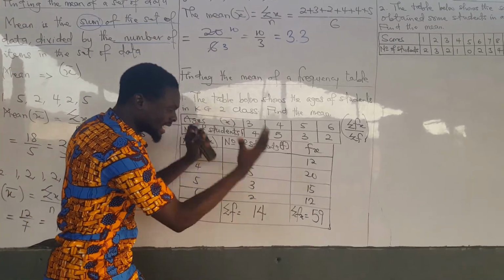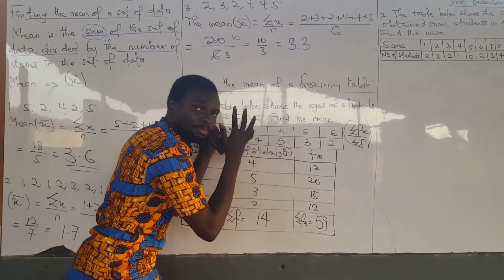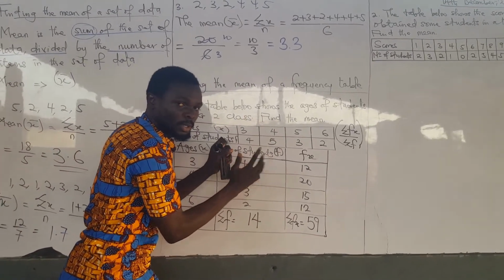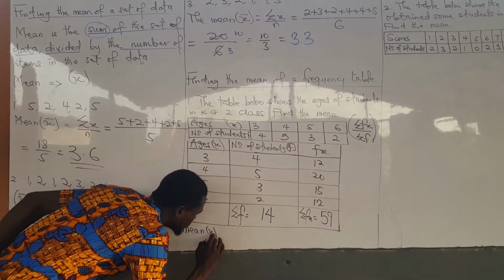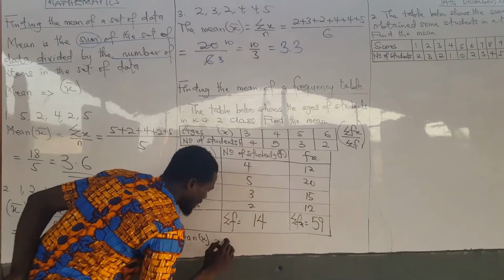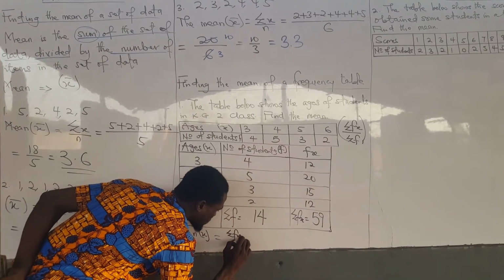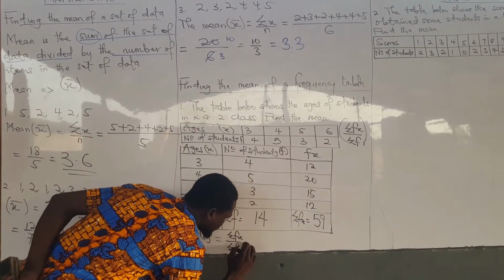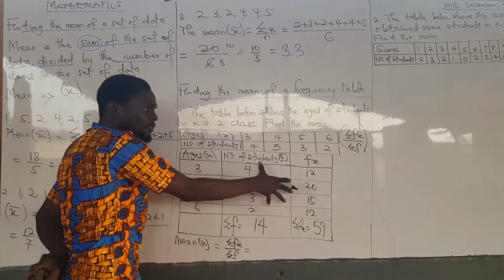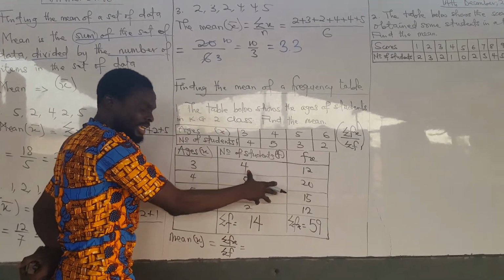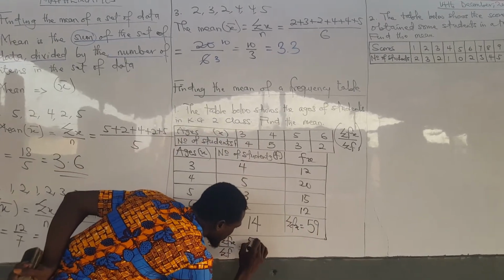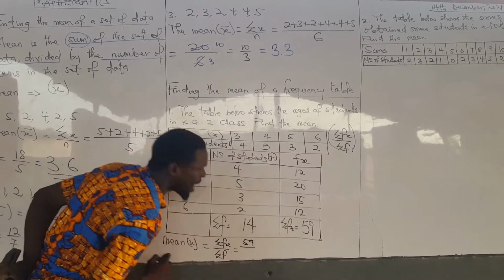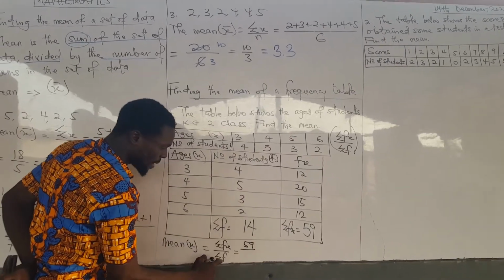Now with this, we can calculate the mean of the frequency table. The mean is given by this formula: sigma fx over sigma f. From the frequency table that we've constructed, sigma fx is 59, so we say 59 over sigma f.